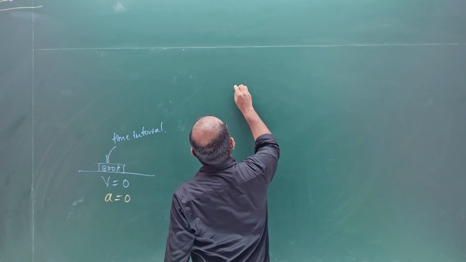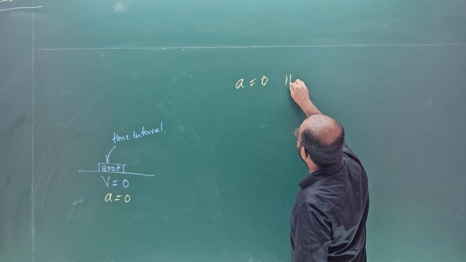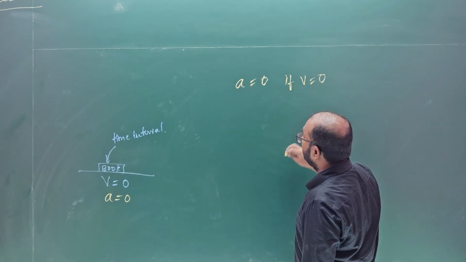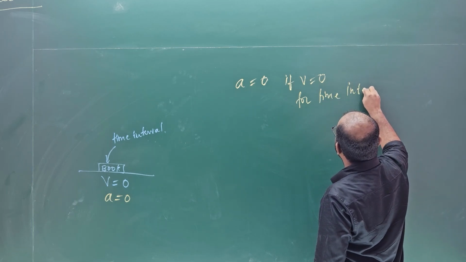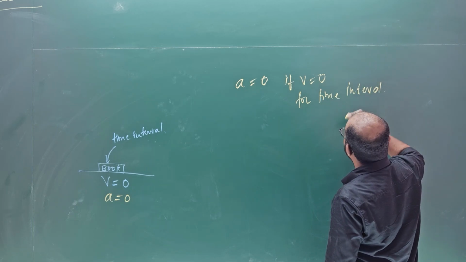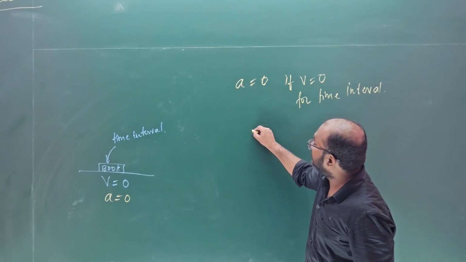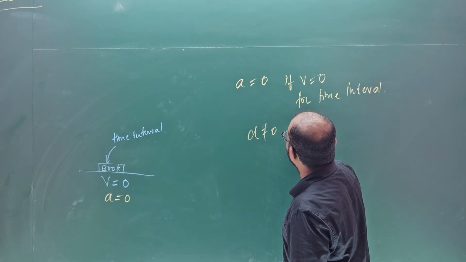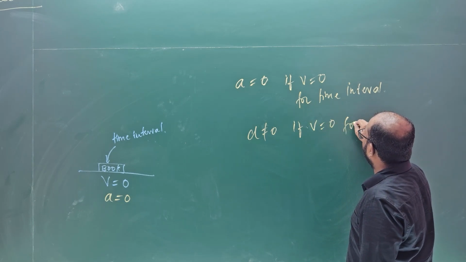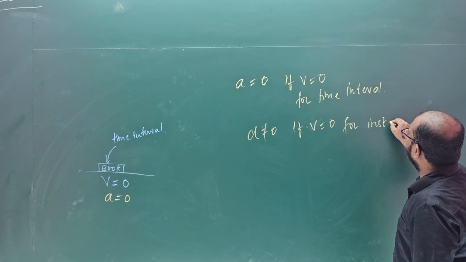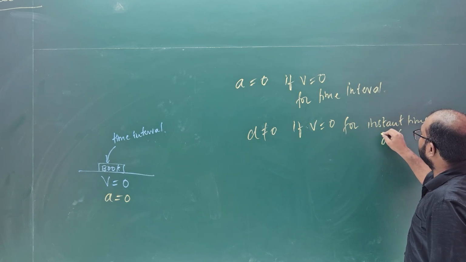So can I say that acceleration is 0 if v is equal to 0 for a time interval, and acceleration is not equal to 0 if v is equal to 0 for an instant of time, that is a very small time?